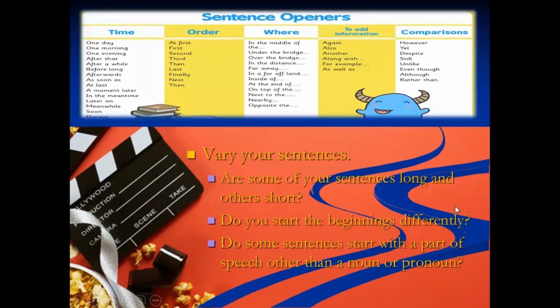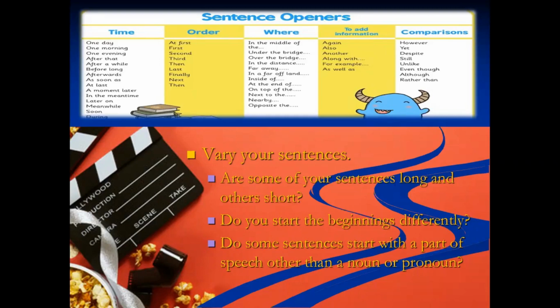Now, here are a few questions that I want you to consider when you are writing your sentences. Are some of your sentences long and others short? Did you start your sentences differently?